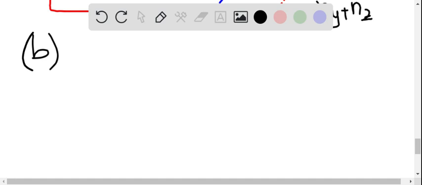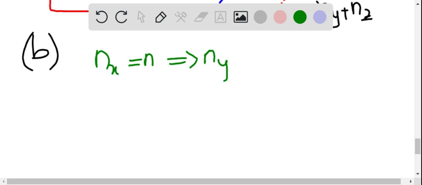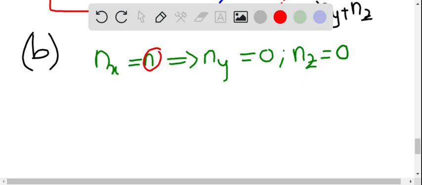Now, what we are going to do over here is write nx is equal to n, right? So this implies that ny is equal to 0, and nz would also be equal to 0, because n is the sum of all of these x, y, and z components, right?